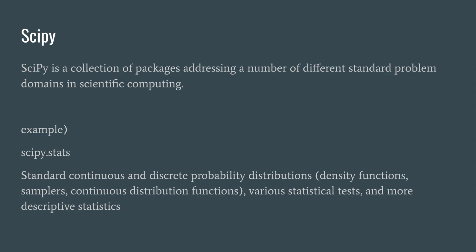Now we're going to talk about SciPy. SciPy is basically a collection of packages addressing a number of different standard problem domains in scientific computing. You would use SciPy stats to find and use continuous and discrete probability distributions, various statistical tests, and more descriptive statistics.